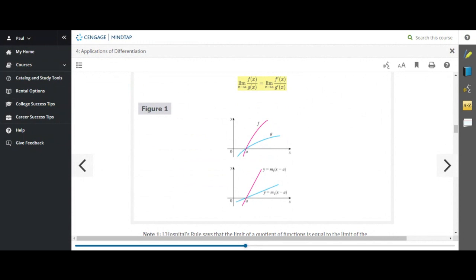And what do f and g, in the top picture in figure 1, do as x approaches a? What do they approach, f and g, as x approaches a?